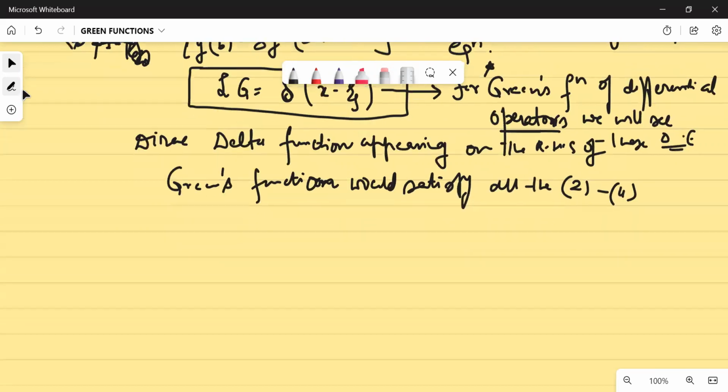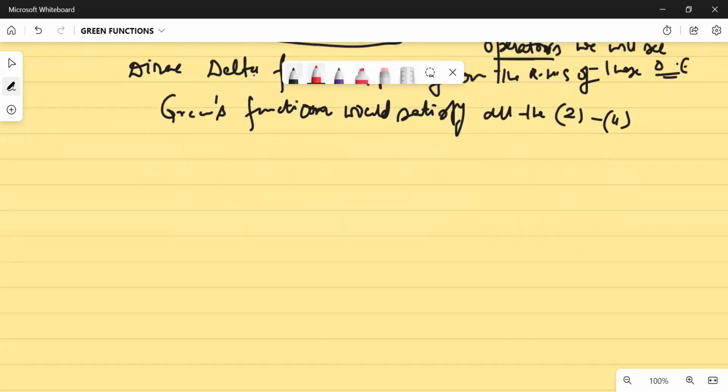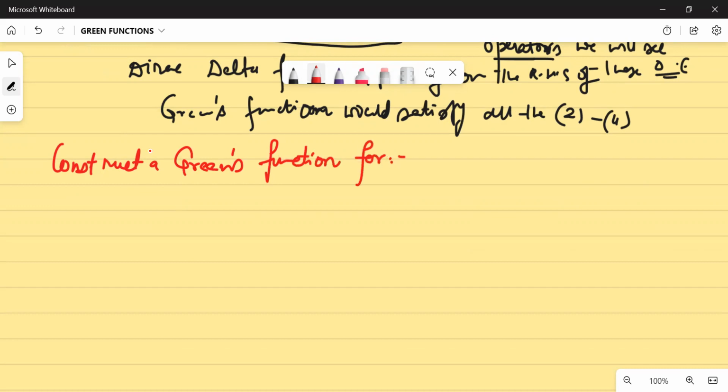Let us start with a very simple problem, and let us construct a Green's function for a problem. Let's say this.